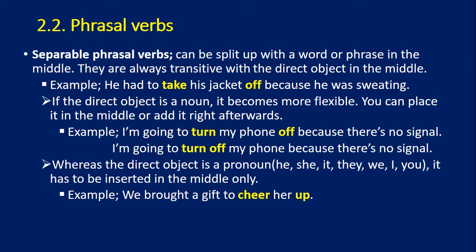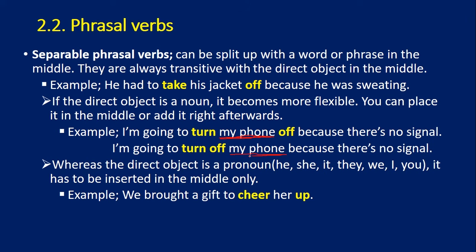If the direct object is a noun, it can change position. It can come in the middle, or it can come directly after the phrasal verb. Let's say: I'm going to turn my phone off because there is no signal. Here we have my phone, which is a noun, the direct object, in the middle. But what if we take it out and put it after? Here we have: turn off my phone.